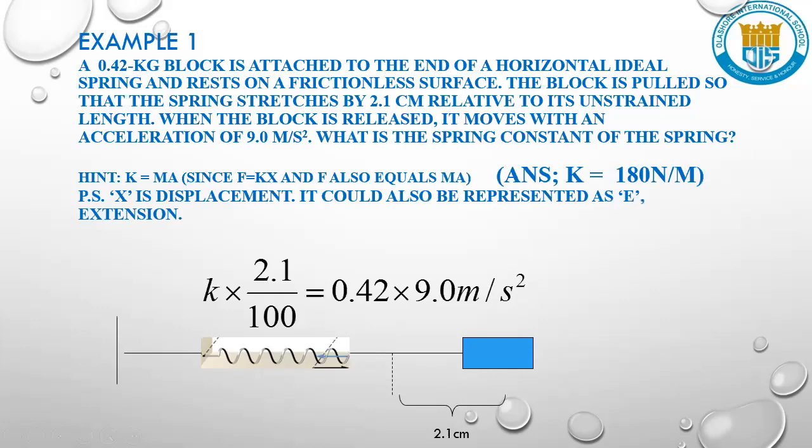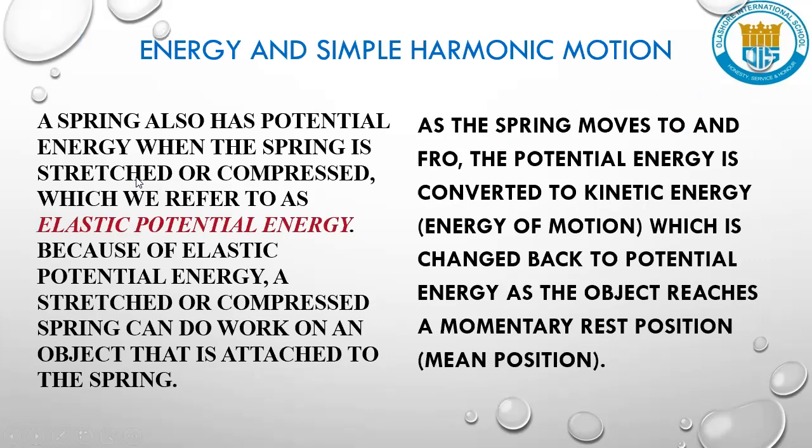If you do it well, you get your answer as 180 newtons per meter. Please take note. Hint, Kx is equal to ma. Kx is coming from our Hooke's law. ma is coming from our normal formula for force. Let us now go to energy and simple harmonic motion.